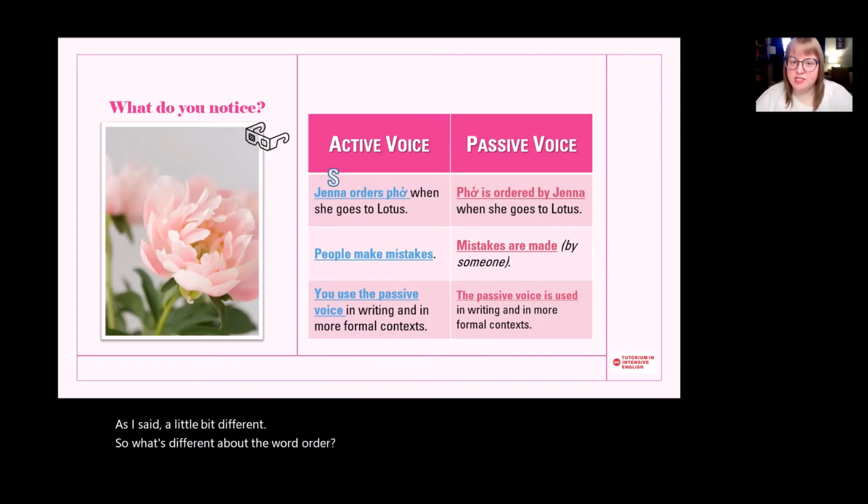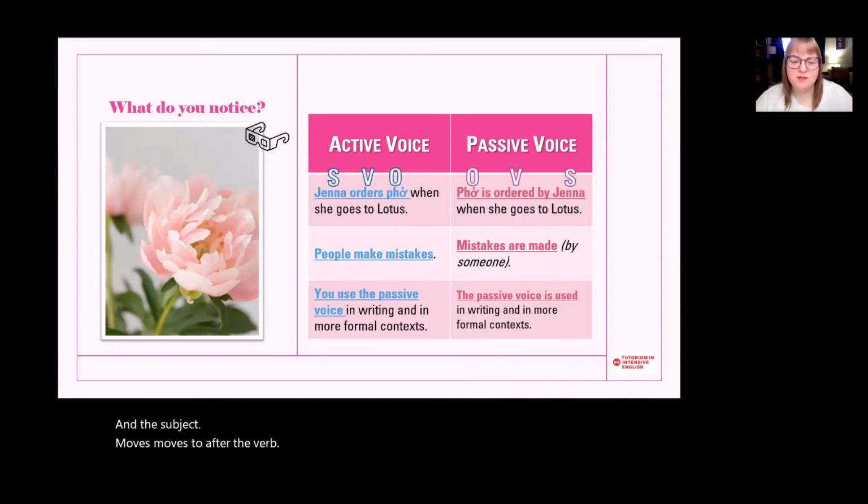In the active voice sentences, you start with the subject, then you have your verb, and then an object. However, for passive voice, the object goes to the beginning. Then there's a verb, and the subject moves to after the verb.